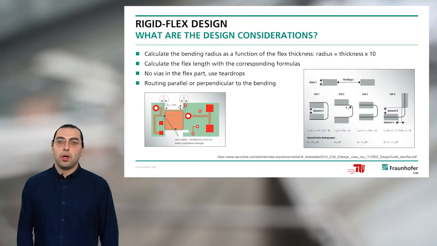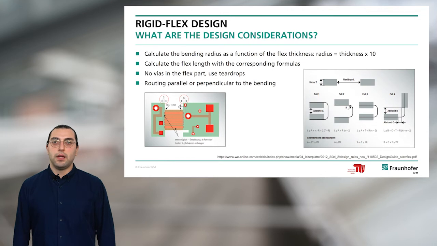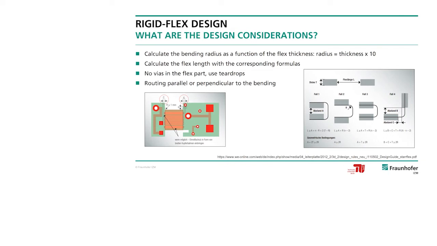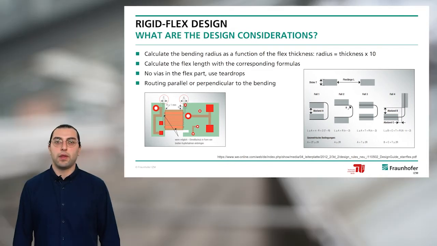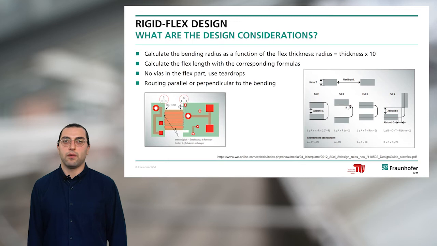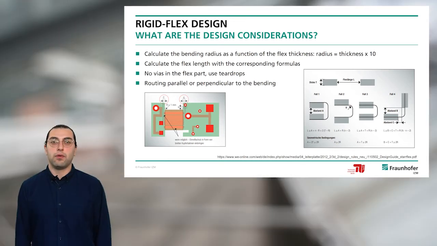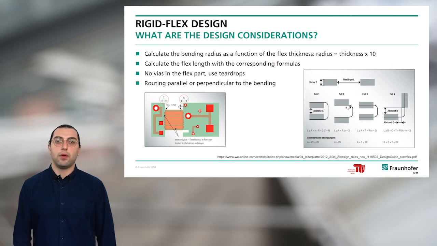Now let's go deeper into the design. When designing a PCB, we have to consider the bending radius. There is a formula. We can calculate the bending radius as a function of the flex thickness, and there is also a formula for the flex length. And this also depends on how you want to realize your rigid flex design in your housing at the end, in the product.